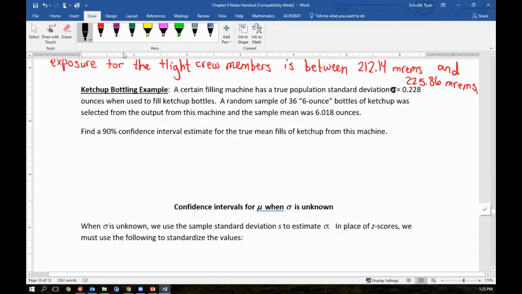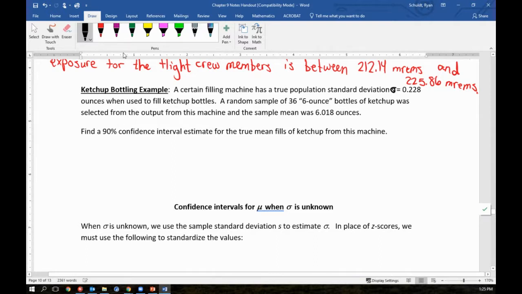A random sample of 36, supposedly 6-ounce bottles of ketchup was selected from the output from this machine, and the sample mean was 6.018 ounces. Find a 90% confidence interval to estimate the true mean fills from the machine.